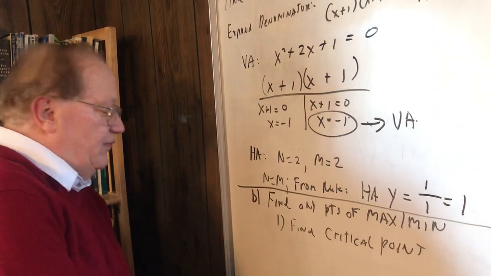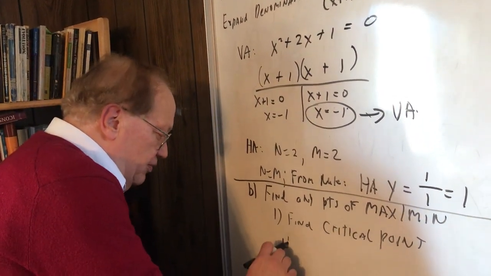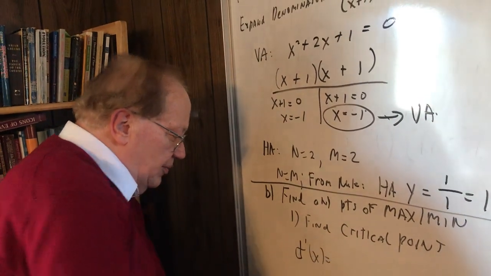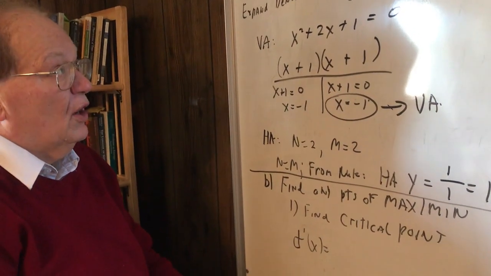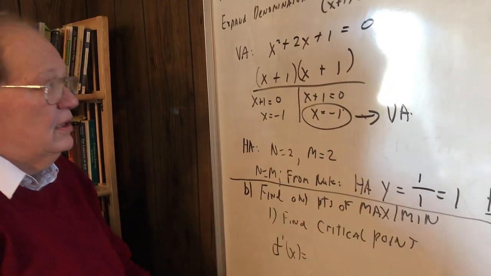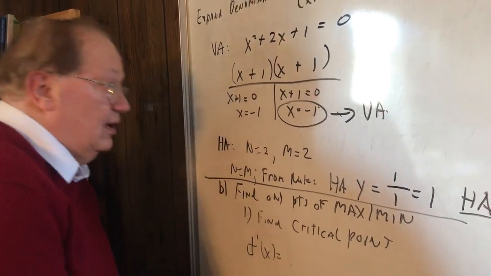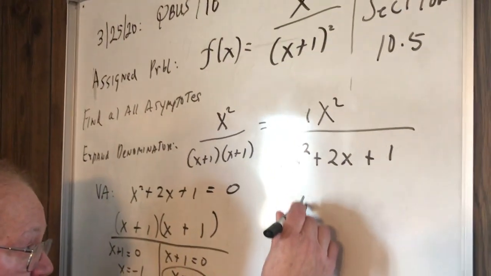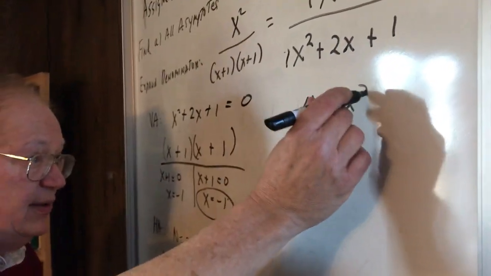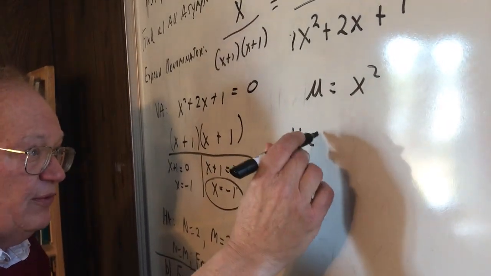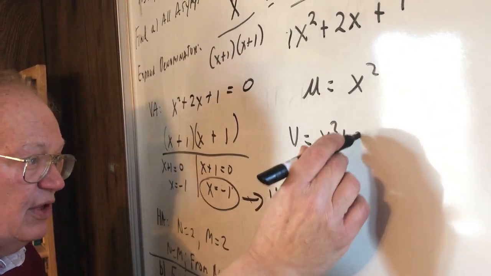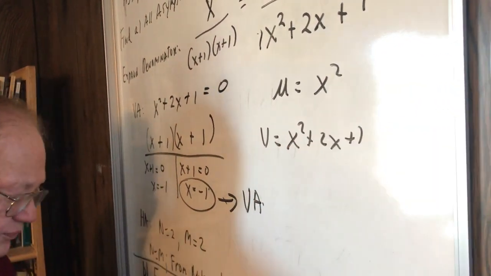So the first derivative here, f prime x, is going to be using the quotient rule, which is the bottom. Well, let's put it down here. Let's let u equals x squared and v equals x squared plus 2x plus 1.